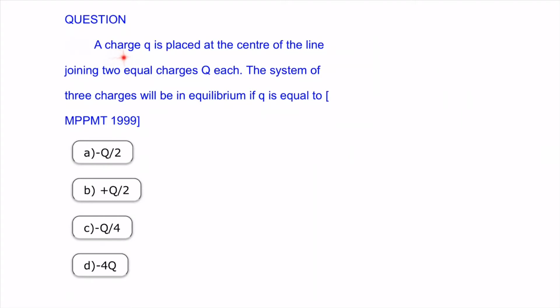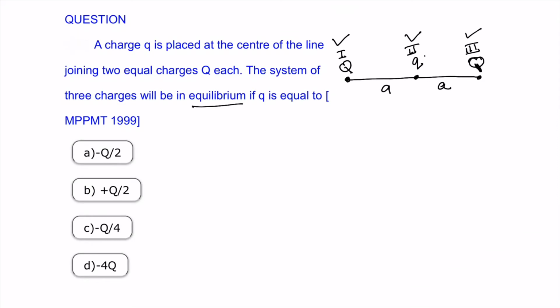A charge q is placed at the center of the line joining two equal charges Q each. The system of the three charges will be in equilibrium if q is equal to, and these are the options. For a system of charges to be in equilibrium, the net force acting on each individual charge must be 0.